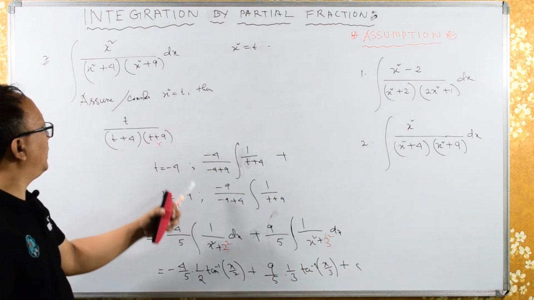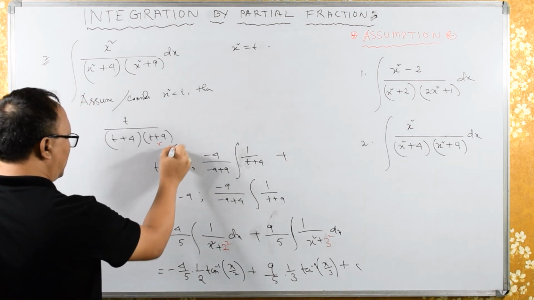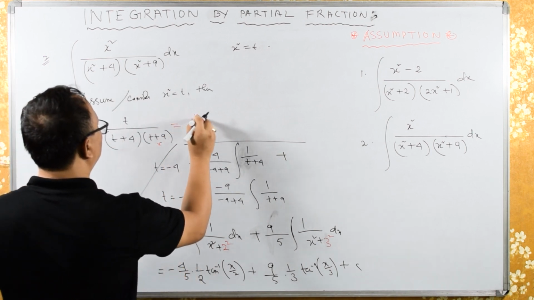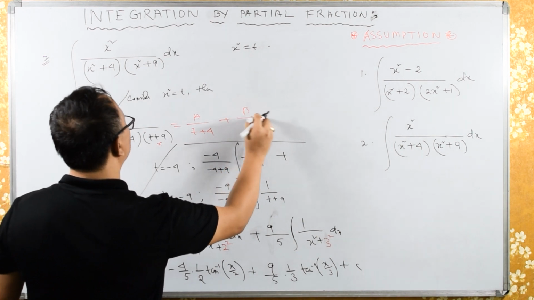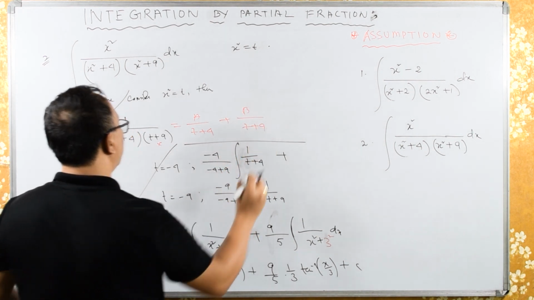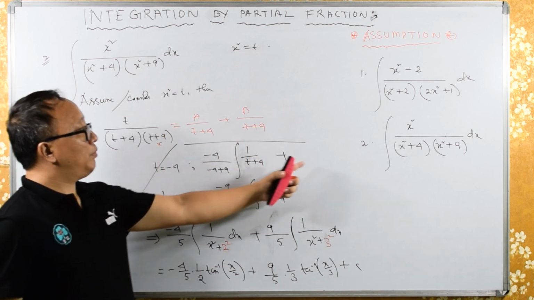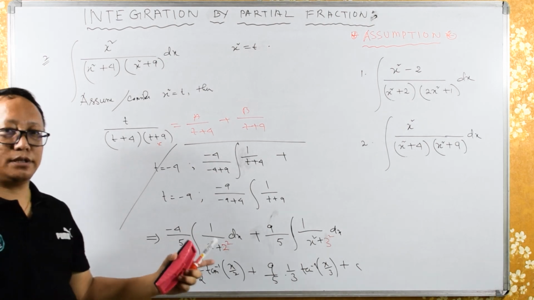These are tricks which I am using. Or instead of this, you can write a upon t plus 4 plus b upon t plus 9, and multiply it out; the same process gives the same answer. These are tricks with which you can get the answers very quickly.